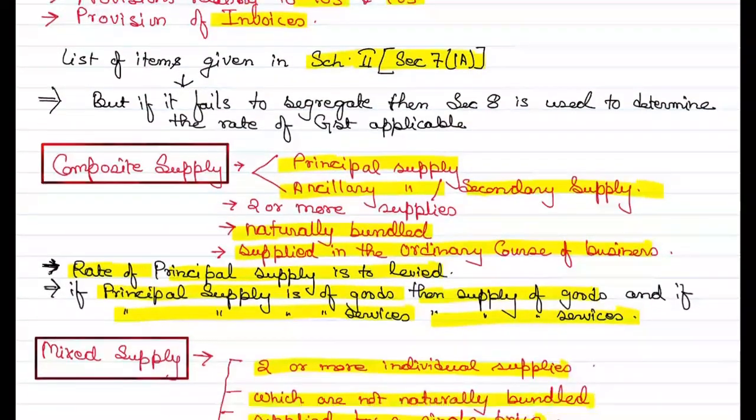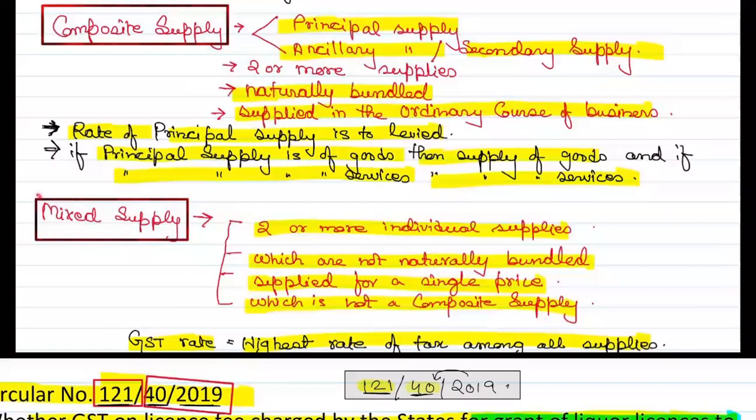Now, mixed supplies. What is a mixed supply? Two or more individual supplies, meaning any combinations they have made. Like at Diwali, in fruit packets there are sweets, there are fruits, and some cold drinks as well. Now you can see that all of them can be sold individually as well, but they are not naturally bundled.